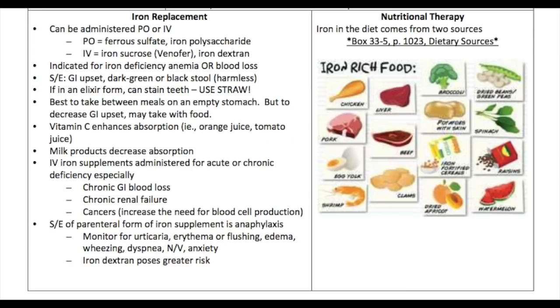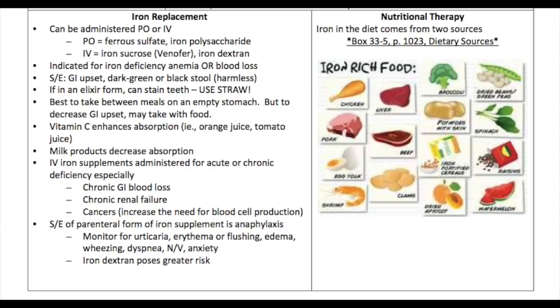If the iron increase in your diet is not going to be enough for the patient, then you're going to encourage them to take iron supplements. So when we're teaching them to take these iron supplements, we're going to want to tell them, hey, you need to take this in between your meals for maximum absorption.